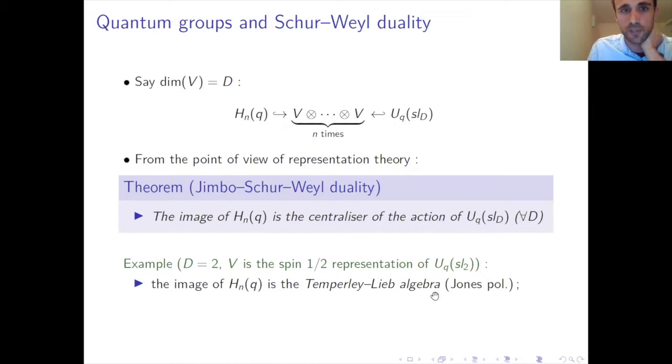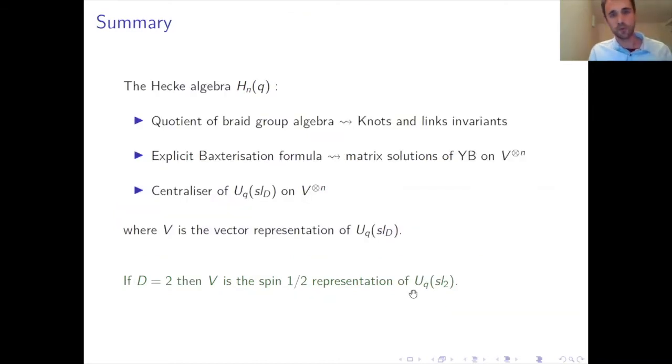Right, so let me conclude this introduction by summarizing it. We have this algebra, the Hecke algebra, and it has three very nice features. First, it has something to do with braids, and it's very fruitful for knot and link invariants.